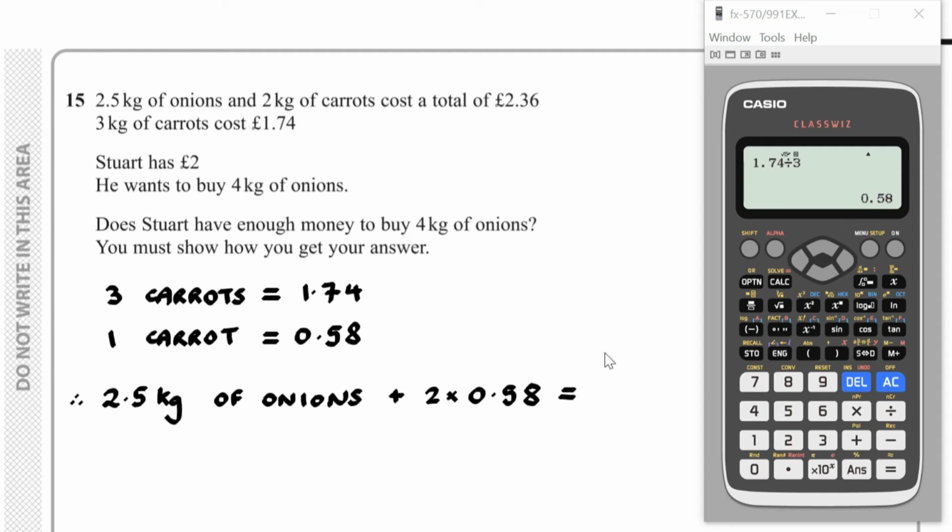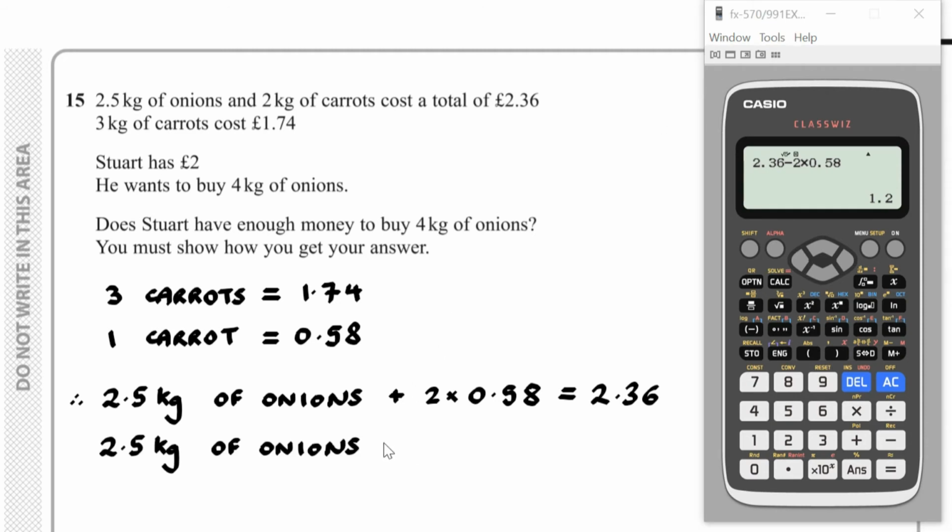This equals £2.36. So if I do 2.36, subtract 2 times 0.58, we get £1.20.